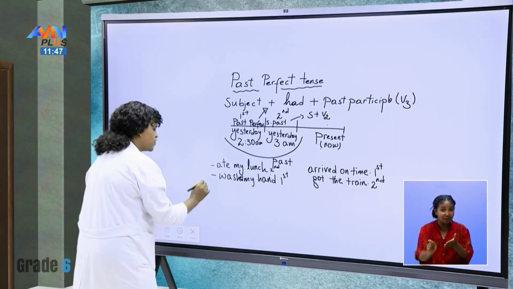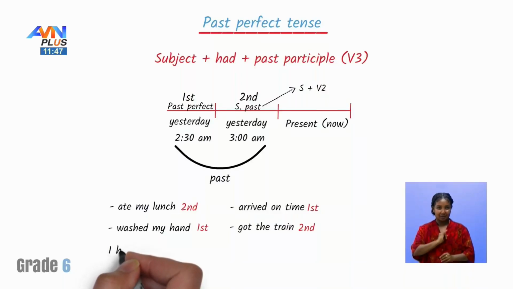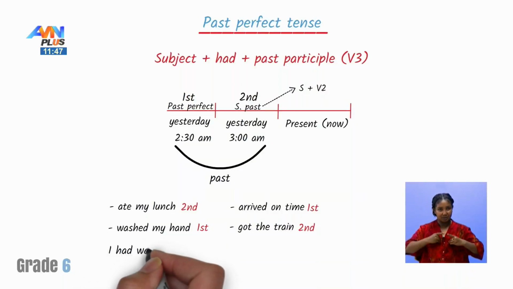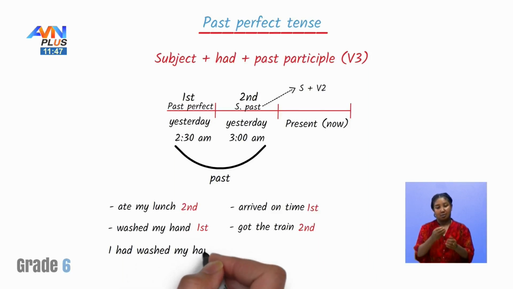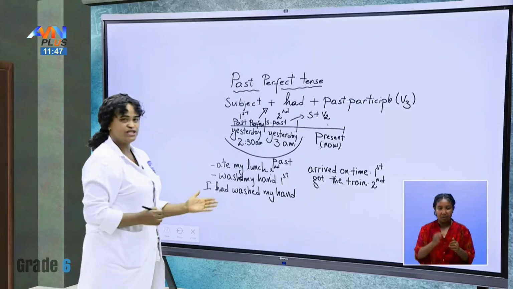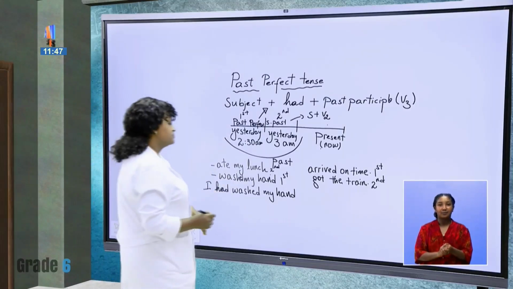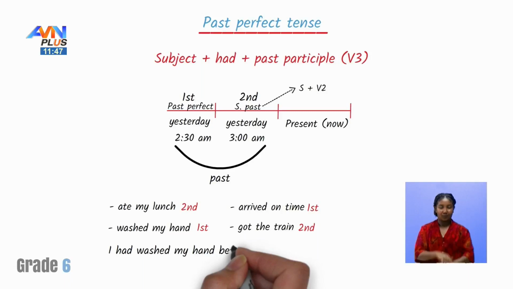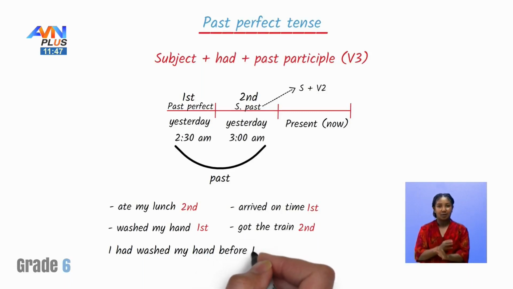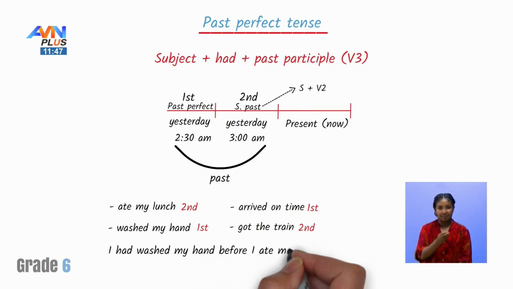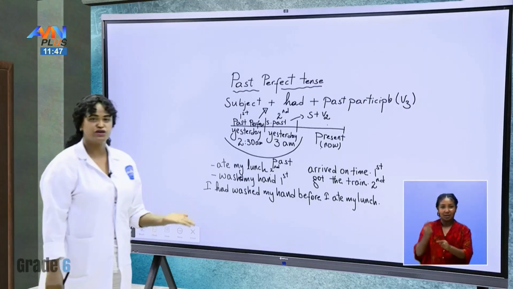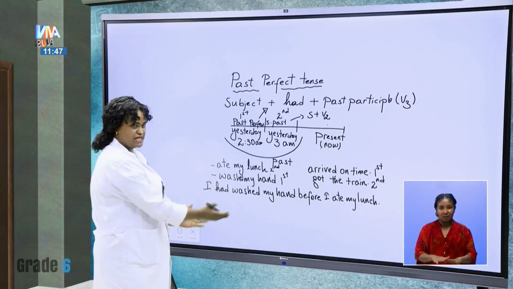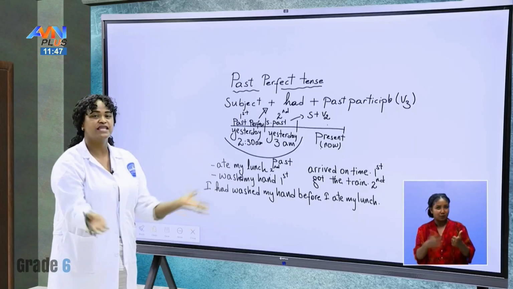Let us use this form: I had washed my hand before I ate my lunch. Wonderful. Now we are putting both of the activities according to the time. Anybody who sees your sentence knows which activity happened first and which one happened next.